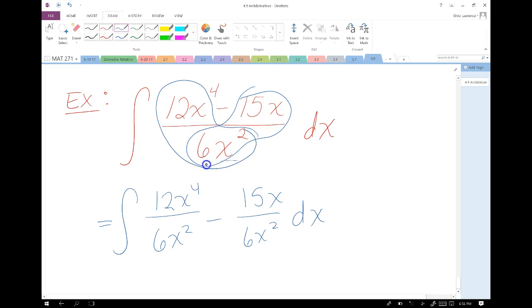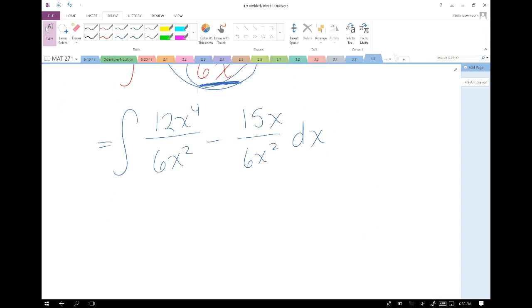And because there's only one term in the denominator, it's going to be really easy to simplify this. So this is the same as 2x squared minus, well, that one doesn't simplify to a whole number, but they at least have a 3 in common.